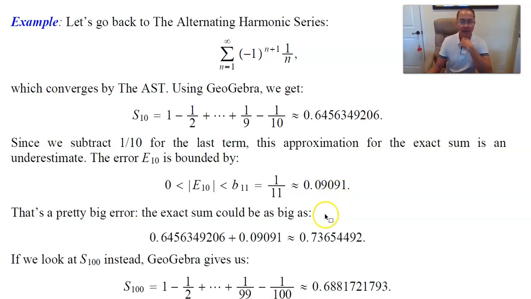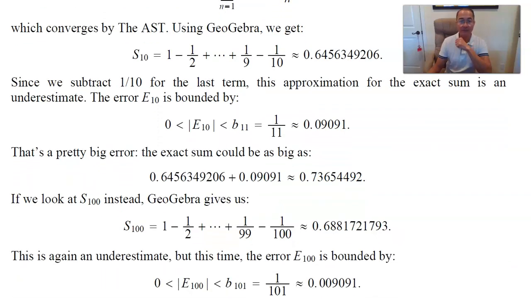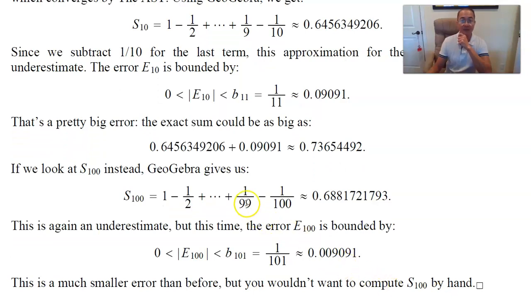Okay. So the exact sum, remember that this is an underestimate. The exact sum could be as big as this estimate plus this error, which is 0.7365. Ooh, yuck. Okay, we do have a computer though, thank you GeoGebra. And so we can compute S100, right?